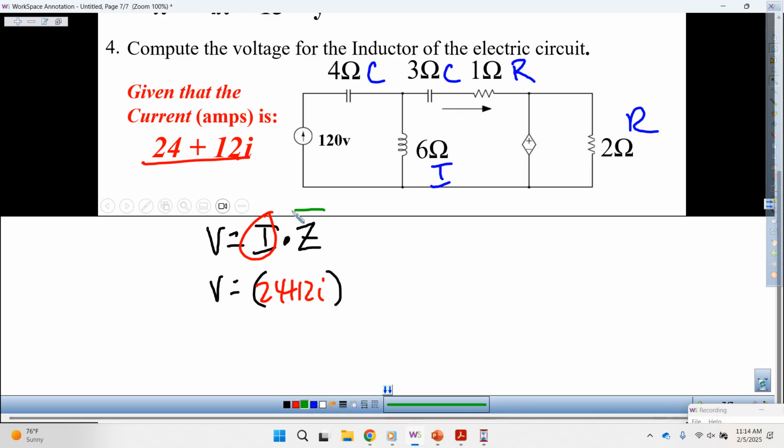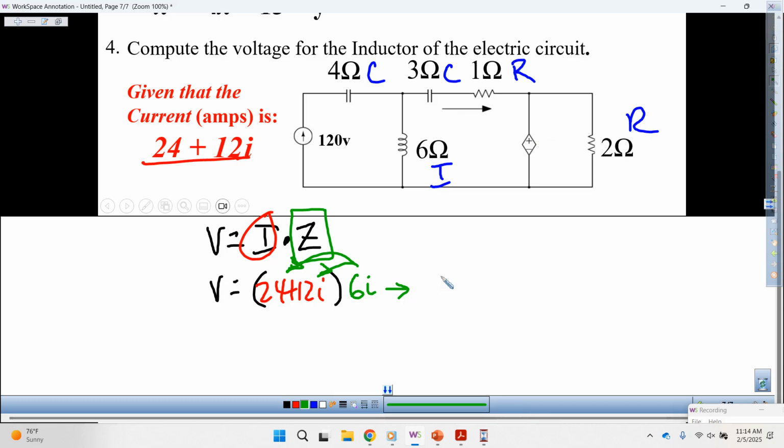And for the Z, tell your neighbor what I'm going to write for the Z, for the inductor. All right, good communication. Mario, pass him one. Joseph, what do I write for the inductor? 6i. Looks about right. So you distribute here and here.